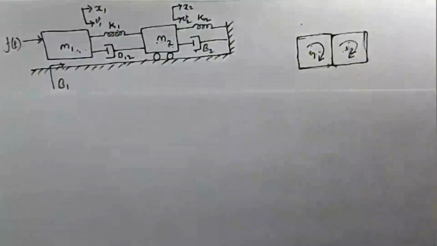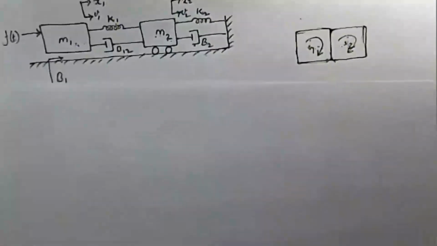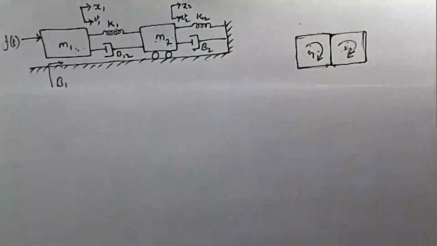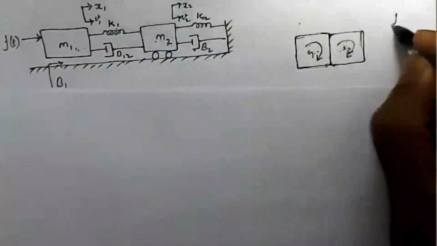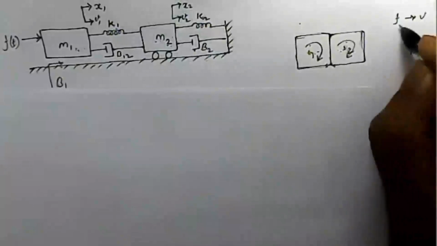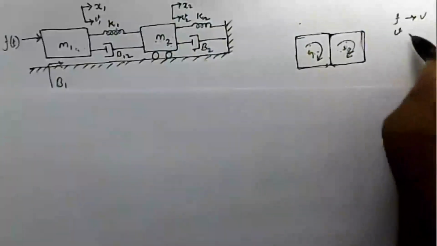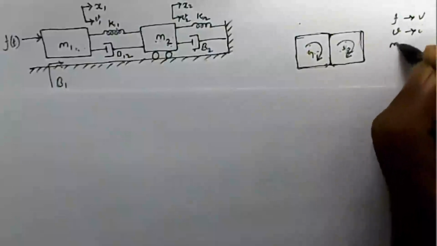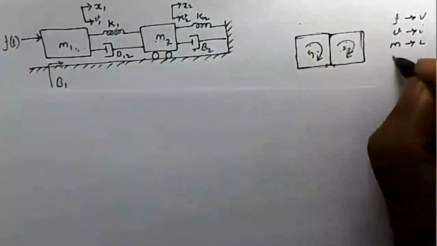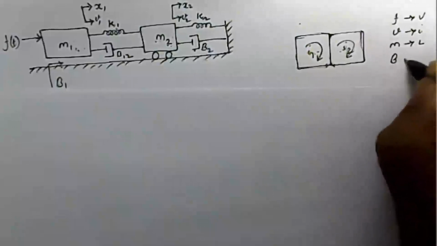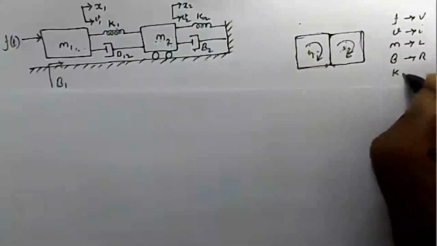Now let's remember the force voltage analogous terms: force, voltage; velocity, current; mass, inductance; B, resistance; K, 1 by C.